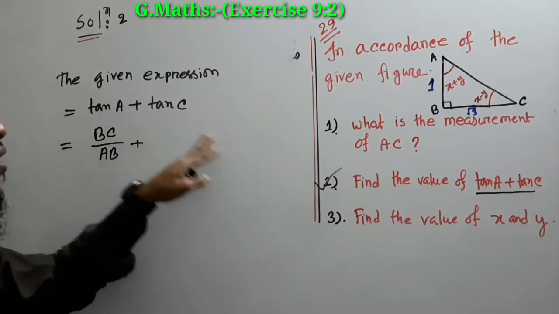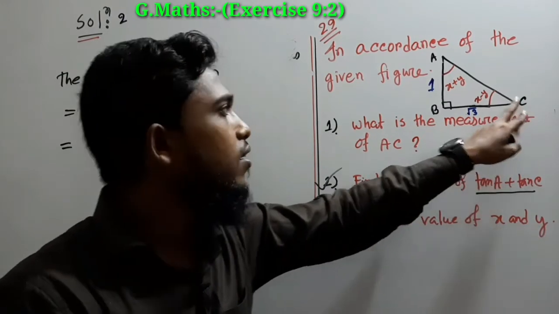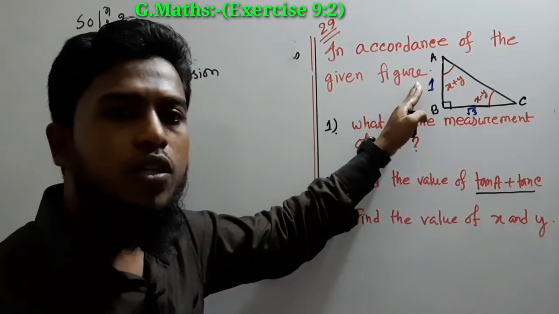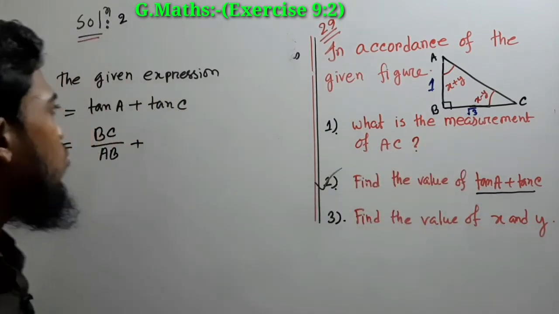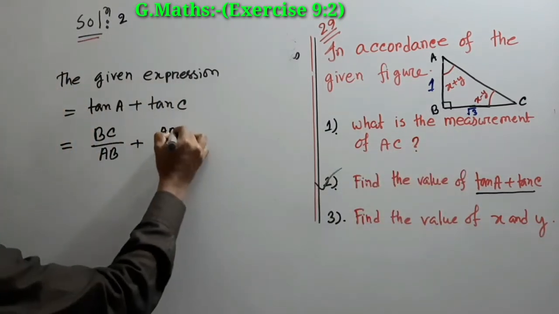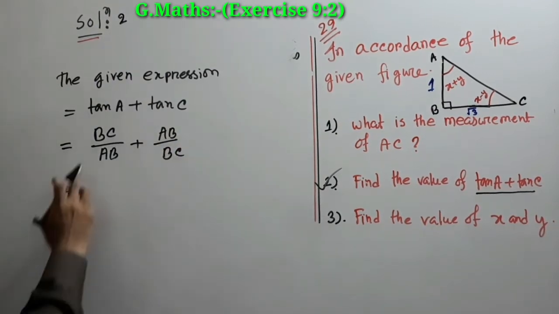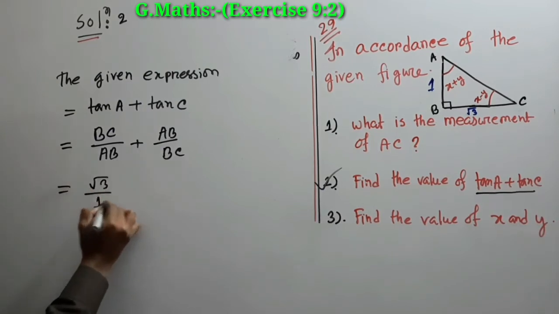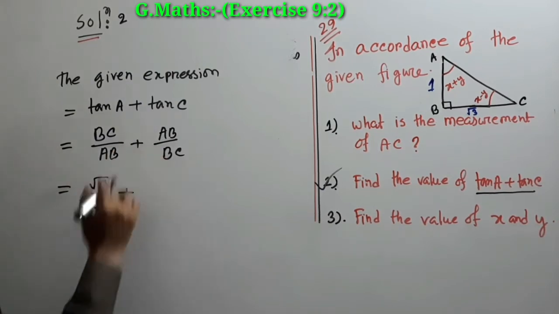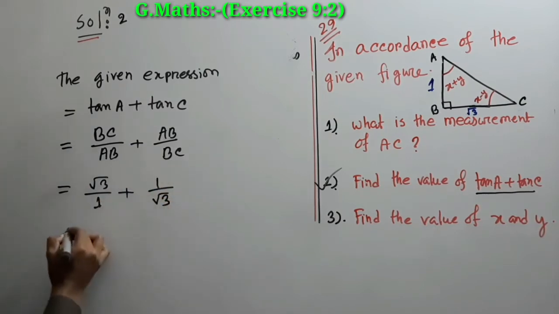For tan C, if C angle is acute angle, in this figure AB will be opposite side, BC will be base. So we can write opposite side AB, base BC. The value of BC equal to root 3, the value of AB equal to 1, plus the value of AB equal to 1, the value of BC equal to root 3.